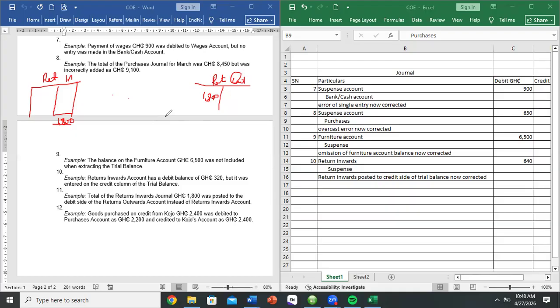But I want to hear all of you on this one. Total return inwards, which should have been debited to return inwards account, has been put in return outwards account. But in return outwards, they debited it. What error is this? Yes, Portia. Sir, please, error of principle.